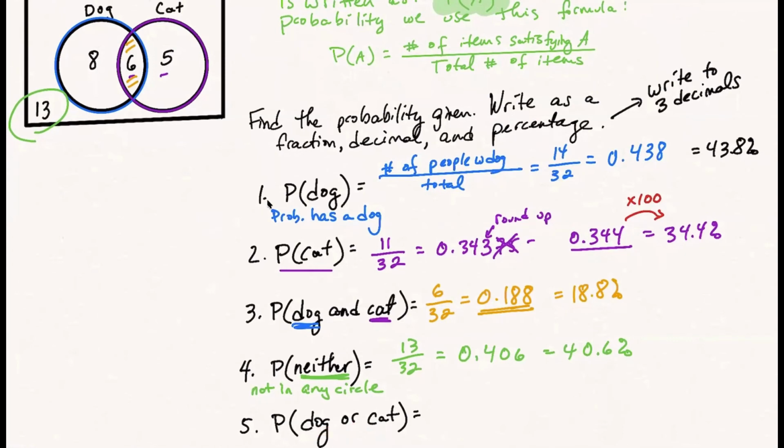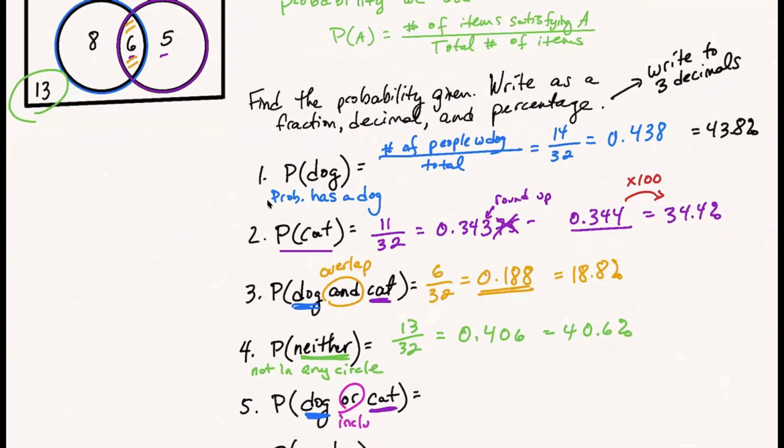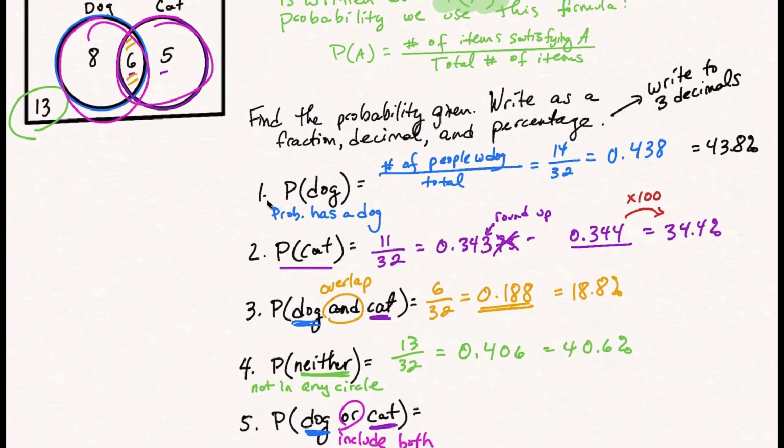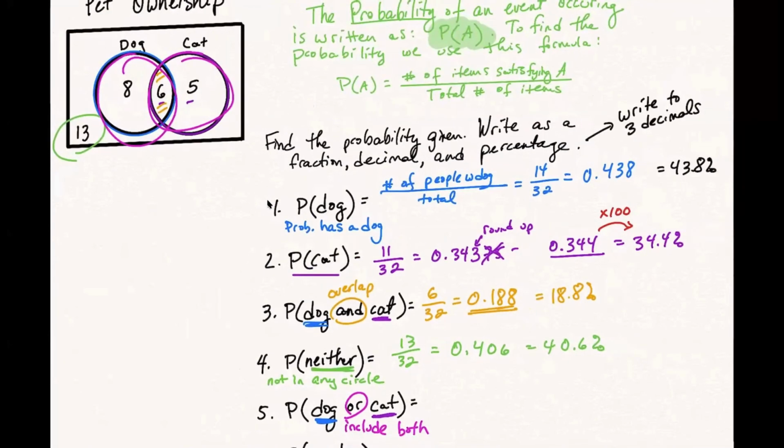What about the probability that they own a dog or a cat? This is a little bit different from before, where we had the and, and we were looking at the overlap because they had to be in both circles. When we're looking at the or, we need to include both the cat owners and the dog owners. So what we're looking for is everybody that's in either the dog circle or the cat circle. Here, it's nice because we have the Venn diagram. This actually makes it a little bit easier than if we were going off of a table.